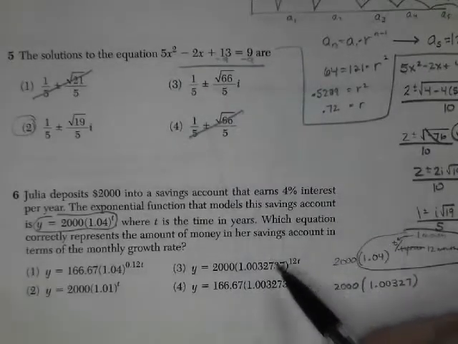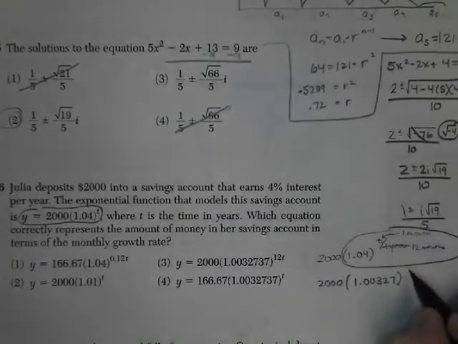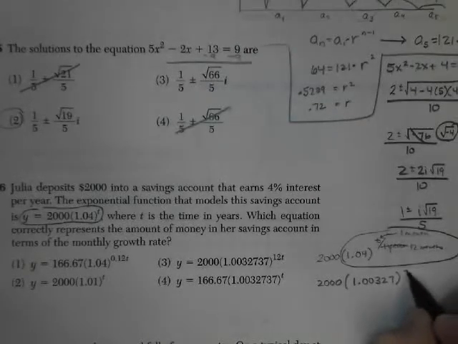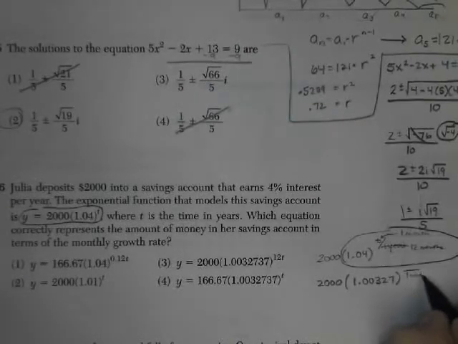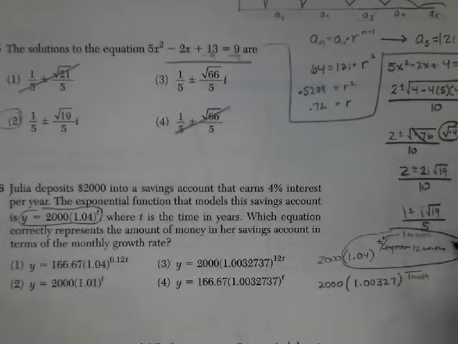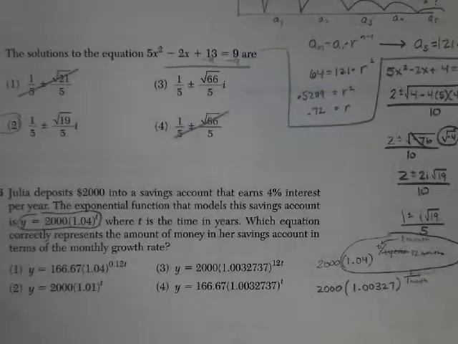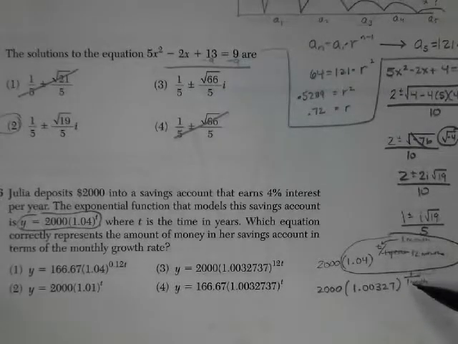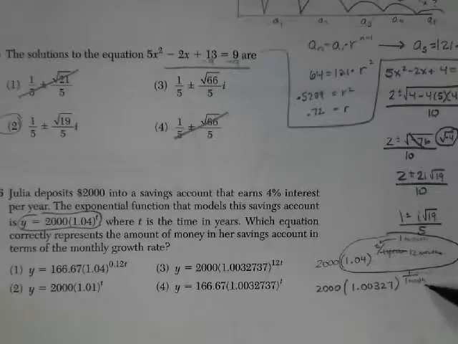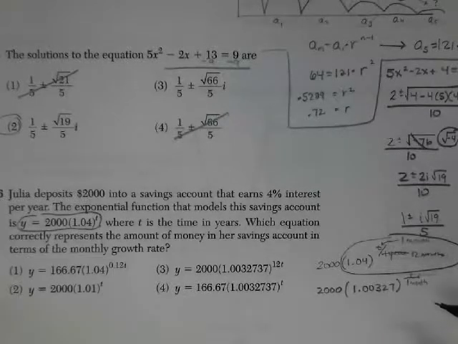So T is still being used, which is in years. So if that's happening every 1 month, where T is still in years, I want to keep this in years. So happening every 1 month is the same as the frequency of happening 12 times per year.